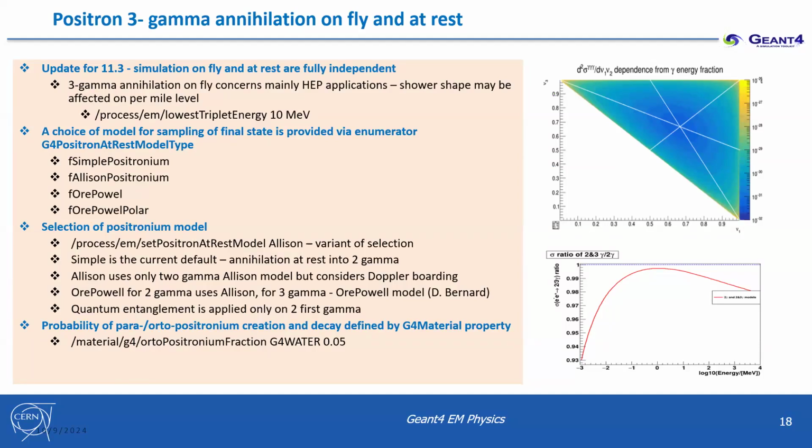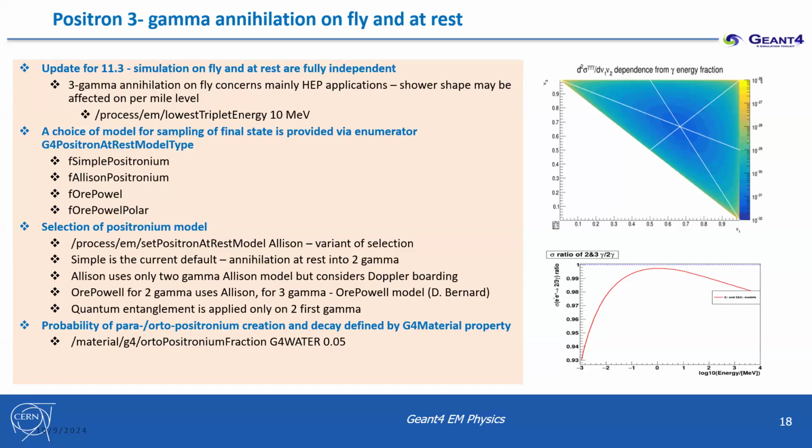If we go to describe positron annihilation, we have the possibility to annihilate into 2 or 3 gammas, in flight and at rest. Again, we introduce different options because for HEP applications, it may not be so important for us to have precise 3 gamma annihilation, which has a low cross-section. We may use the parameter lowest triplet energy. In this case, it is proposed to be 10 MeV.